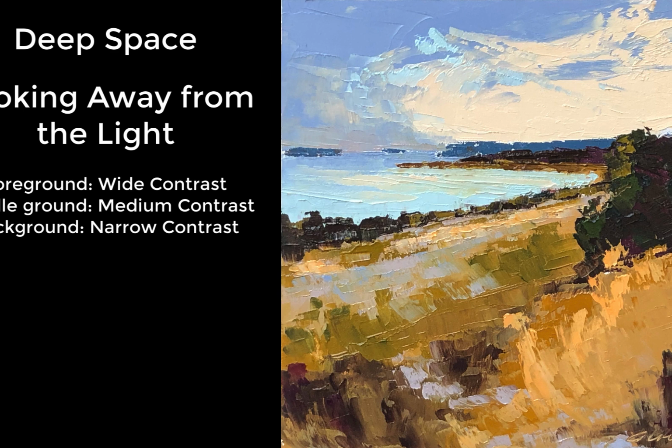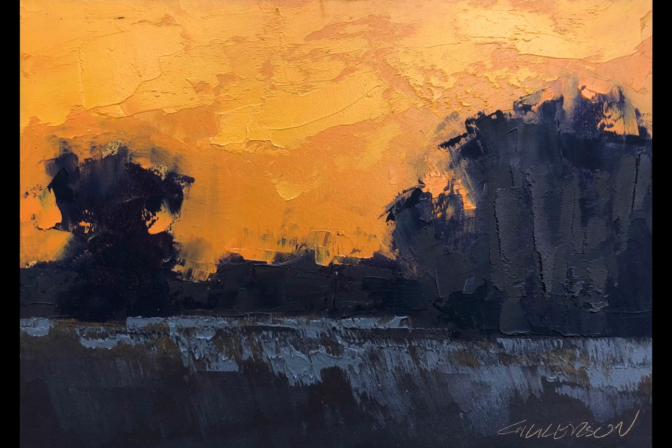There only is a dull intensity. It's not bright, intense color back here. Those are visual cues that tell you that this is deep space. High contrast in the foreground, mid-range of contrast in the middle ground, low range of contrast in the background.